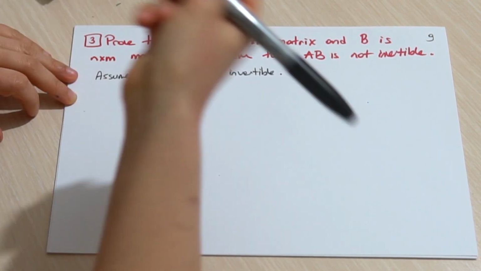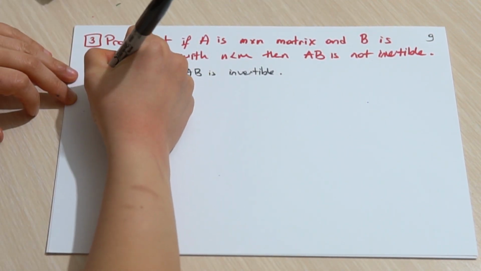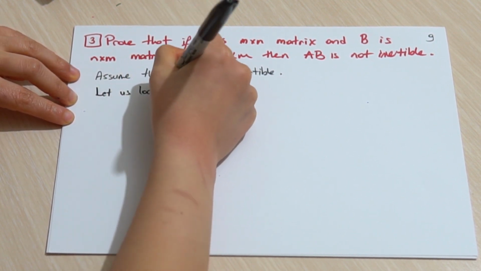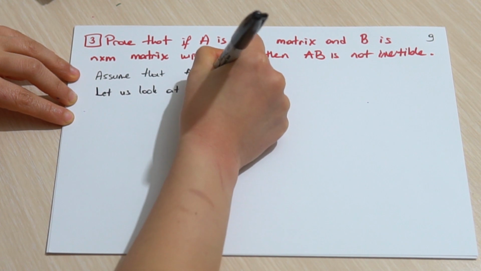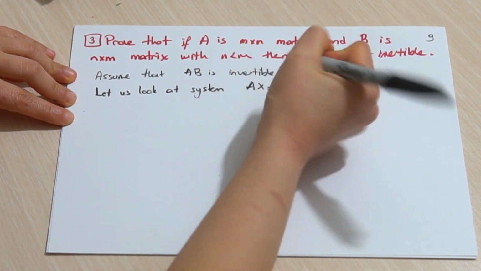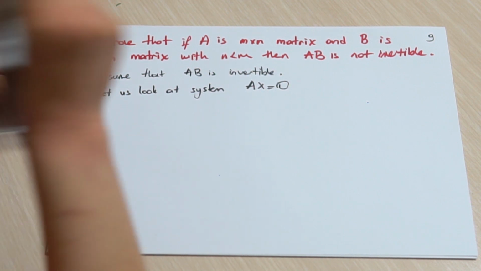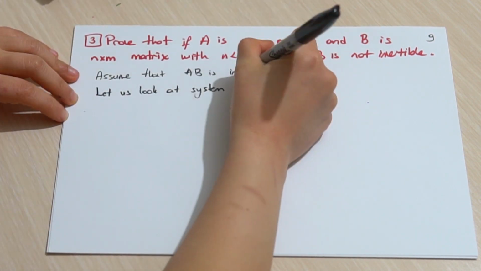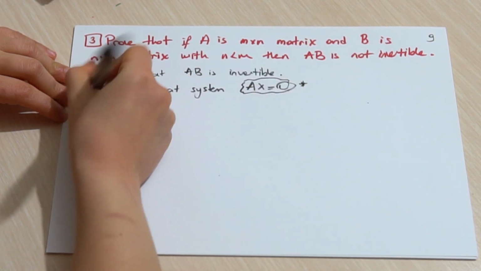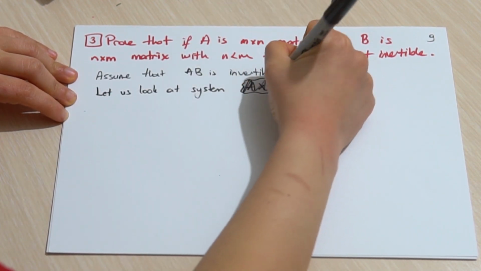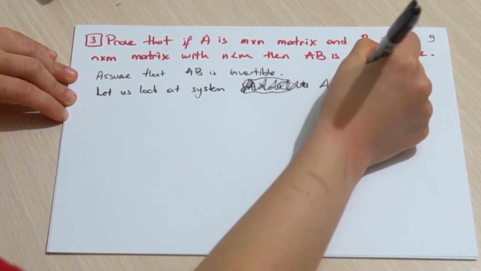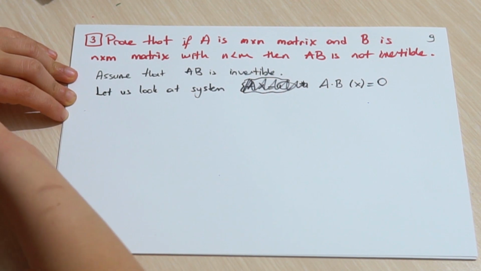And if you look at the system, let us look at the system Ax equal to 0. And let's say this is the system star. Sorry, not Ax equal to 0, but A times B x equal to 0.